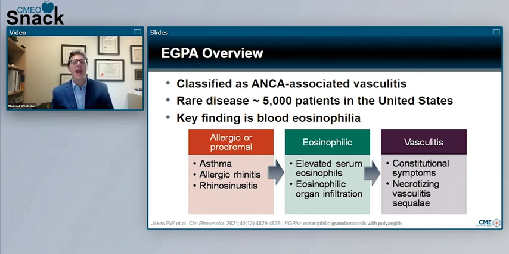EGPA is one of the ANCA-associated vasculitides. ANCA, or anti-neutrophil cytoplasmic antibodies, really represent a subset of patients who have vasculitis.